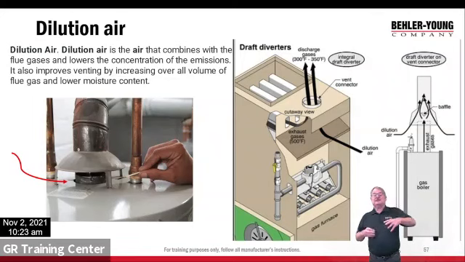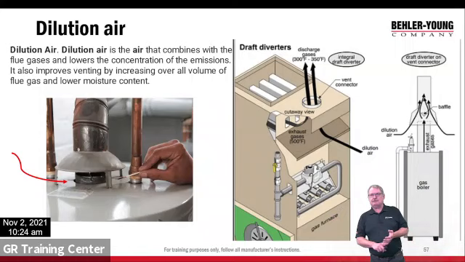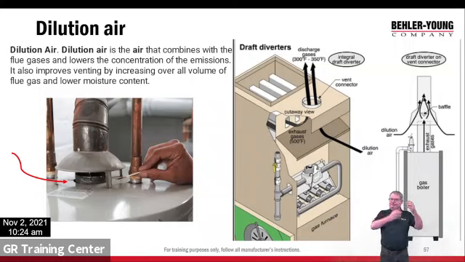That little draft diverter is actually open to the house. The flue gases are coming right out that pipe there, and it's drawing air from the basement, dilution air, to mix with the exhaust to aid in going up the chimney. It brought the temperature down of the flue gases, lowered the humidity, and aided in venting. I know that looks strange when you see that. You mean that's open right to the basement?